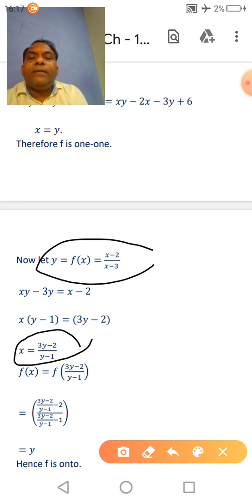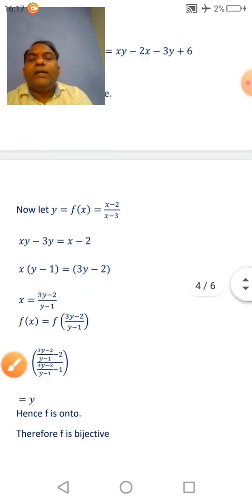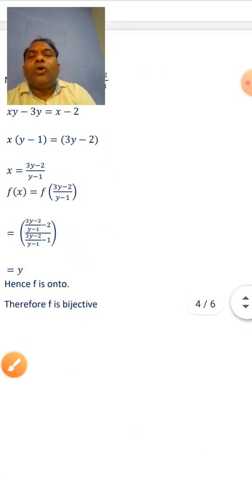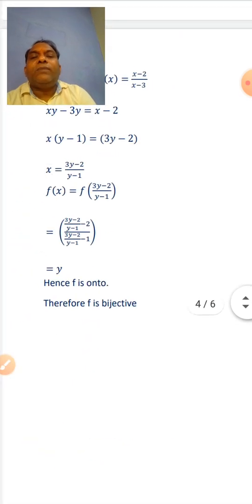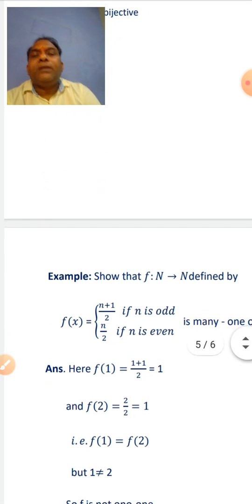So f(x) will be, put the value of x in terms of y here and solve this, equal to y. So we can say that f(x) is equal to y. So function is onto, and because given function is 1-1 and onto, we can say that function is bijective function. Clear?